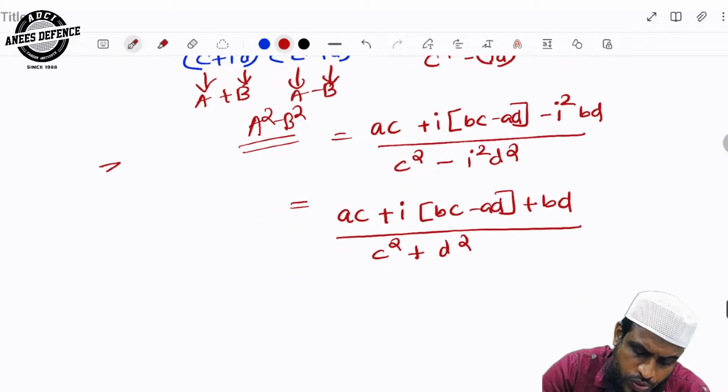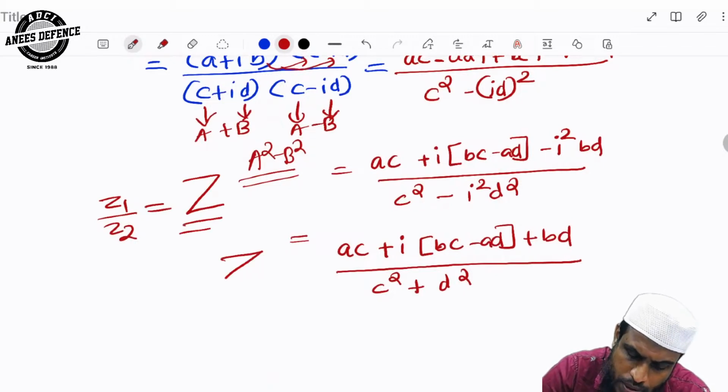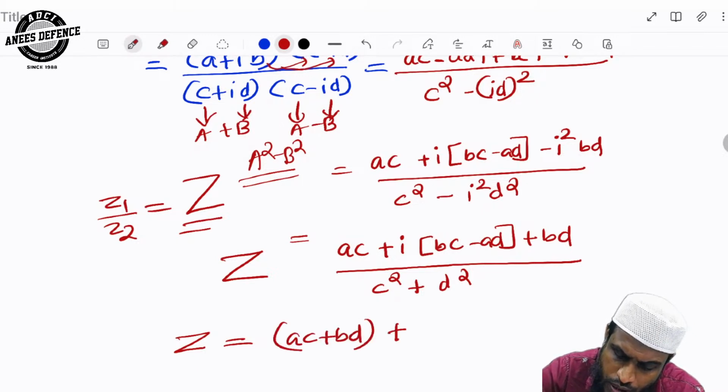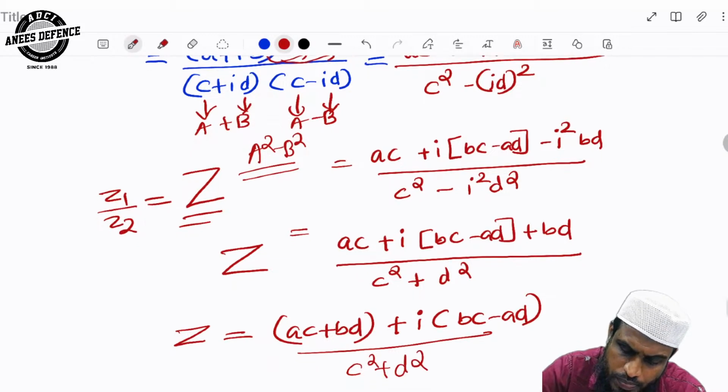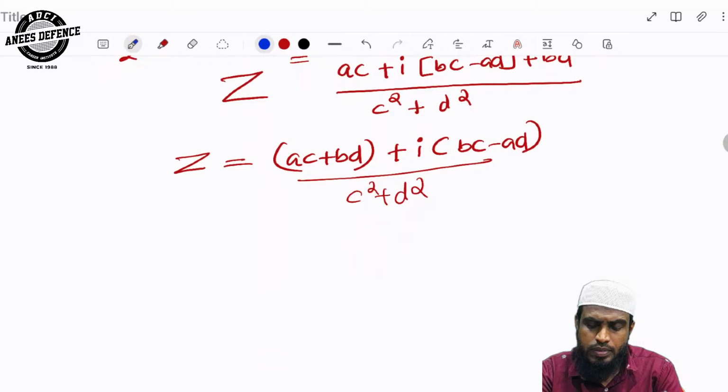So if Z1 by Z2 is considered as the new complex number Z, this can be written as Z equal to AC plus BD plus i into BC minus AD divided by C square plus D square. Now you can split.